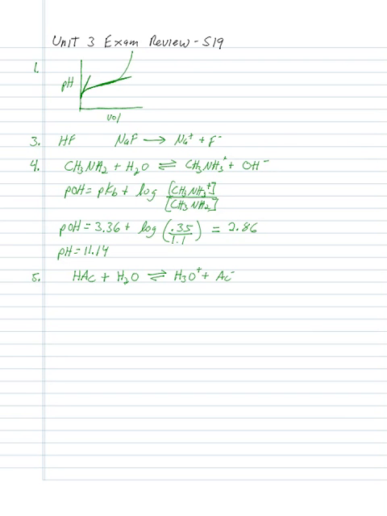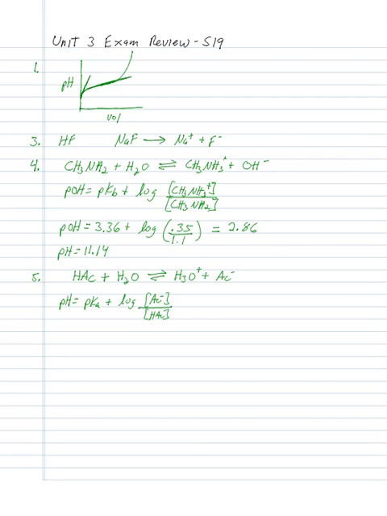We haven't added anything to it. So we're going to have pH equal to pKa plus log, and again it's going to be concentration of Ac minus, that's my product for my buffer, over HAc, my reactant for my buffer.